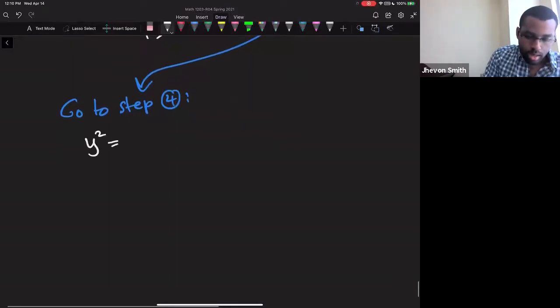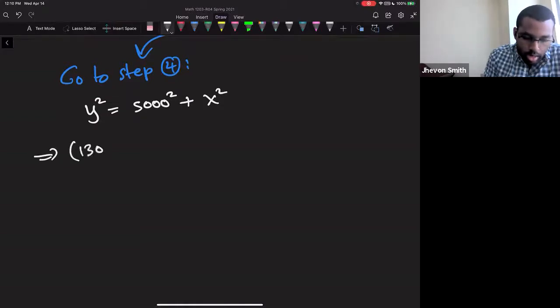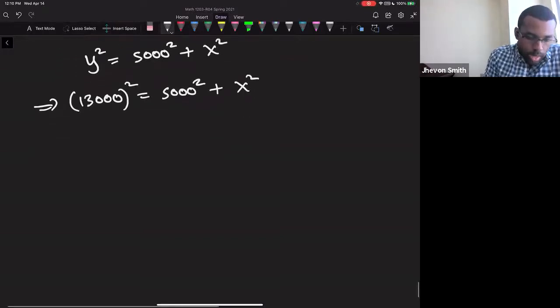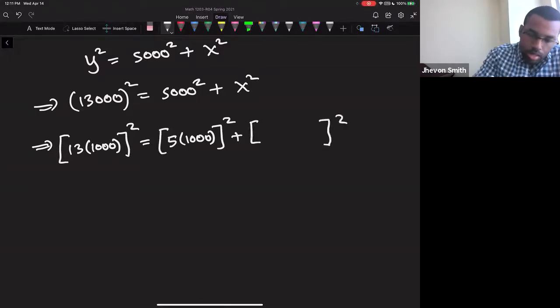We know that y squared is equal to 5,000 squared plus x squared, and we know that y is 13,000. In other words, what you're going to realize is that this is 13 times 1,000. This is 5 times 1,000. And so x must be something times 1,000.